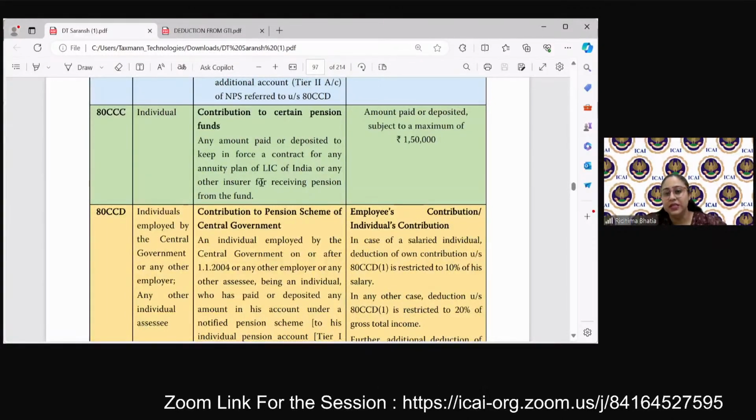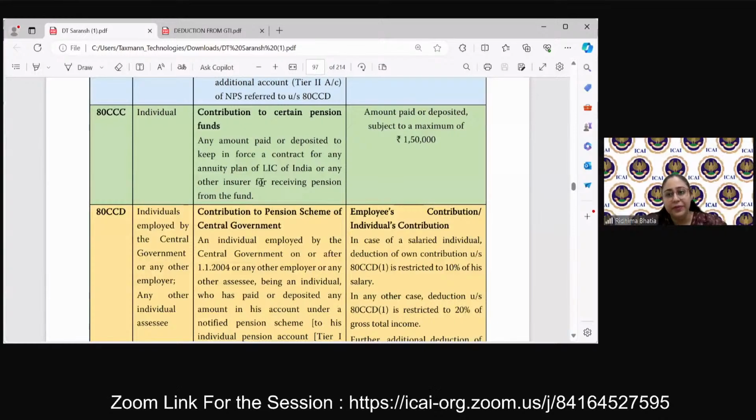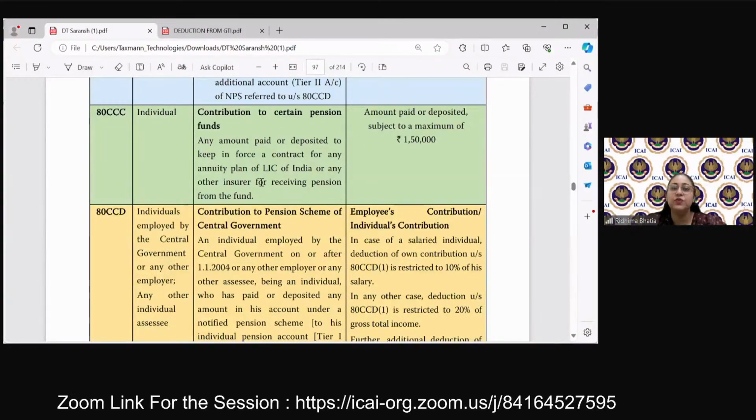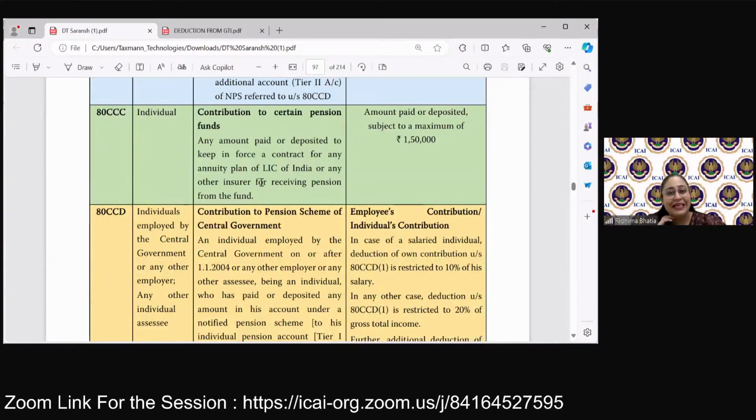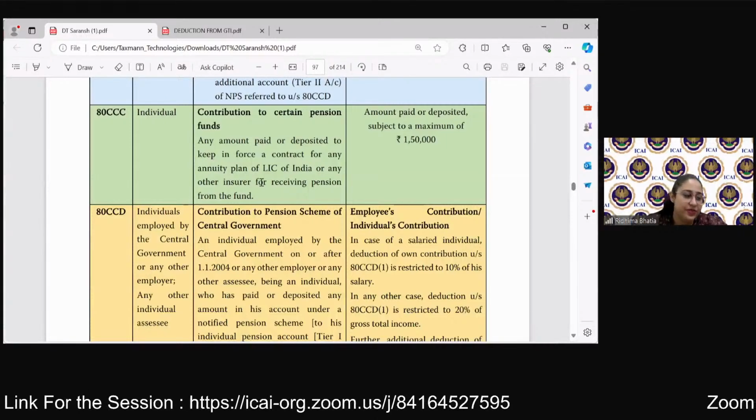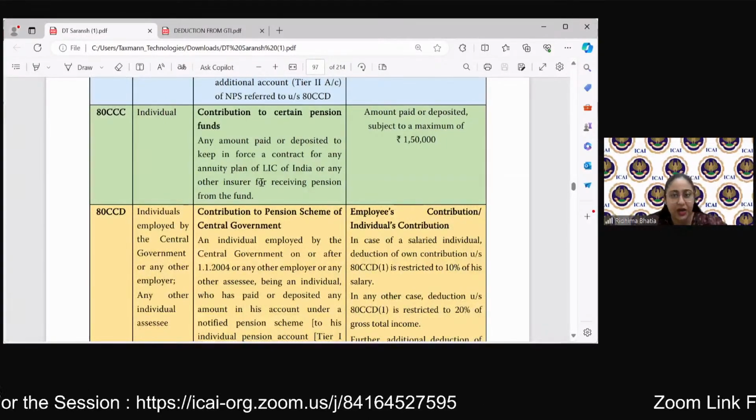Now this section is very less explored because of the limit which is already constrained in 80C. You will see there is a combined limit under section 80CCE for 80C, 80CCC and 80CCD subsection 1, which will be coming up.